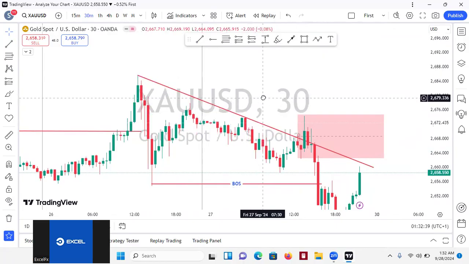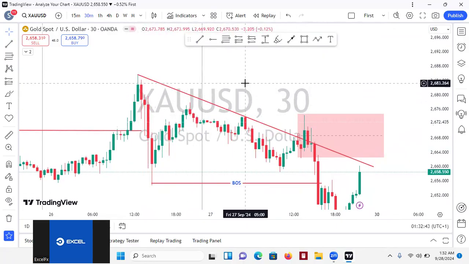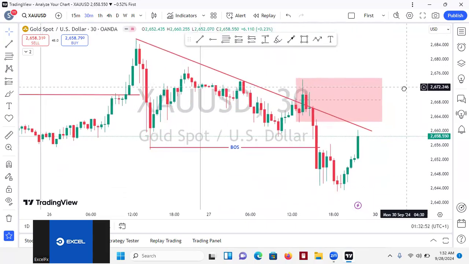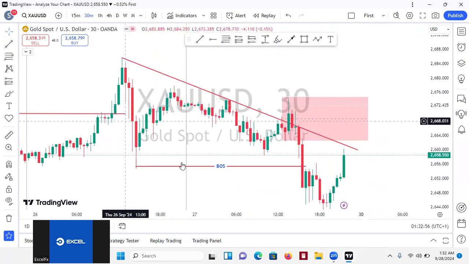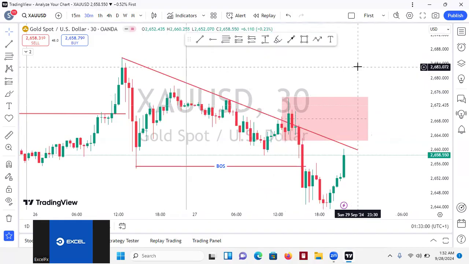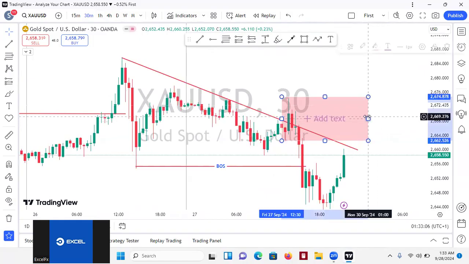If it is a downtrend, you connect at least two highs, and if it's an uptrend, you connect at least two lows, expecting that a touch of the trend line the third time is going to be a selling opportunity for a downtrend. If it's an uptrend, it's going to be a buying opportunity.